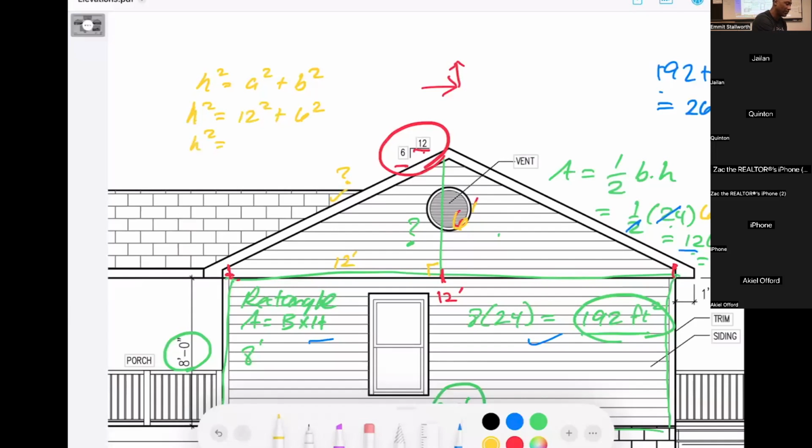H squared is equal to 144 plus 36. Y'all with me on that? So we're gonna keep going. 144 plus 36, that's 180. Is equal to h squared. Now the way you solve this equation right here is you take the square root of both sides. Does that make sense? I don't know if you guys have done that, but we're gonna take the square root.